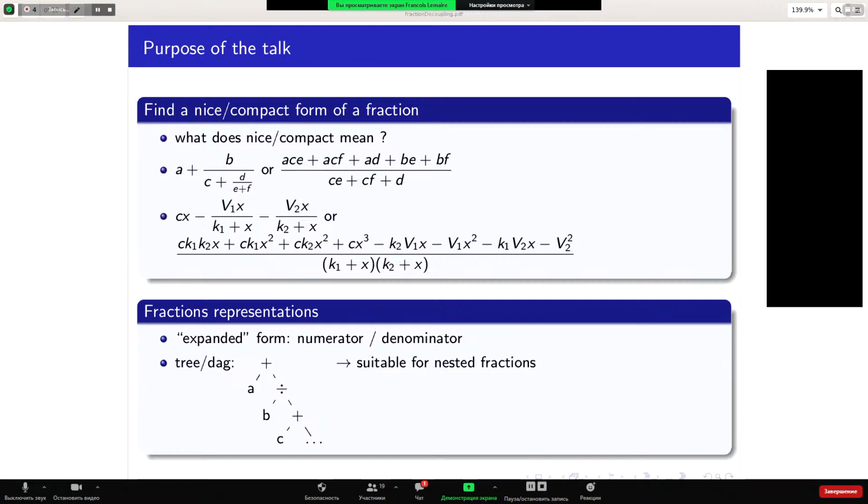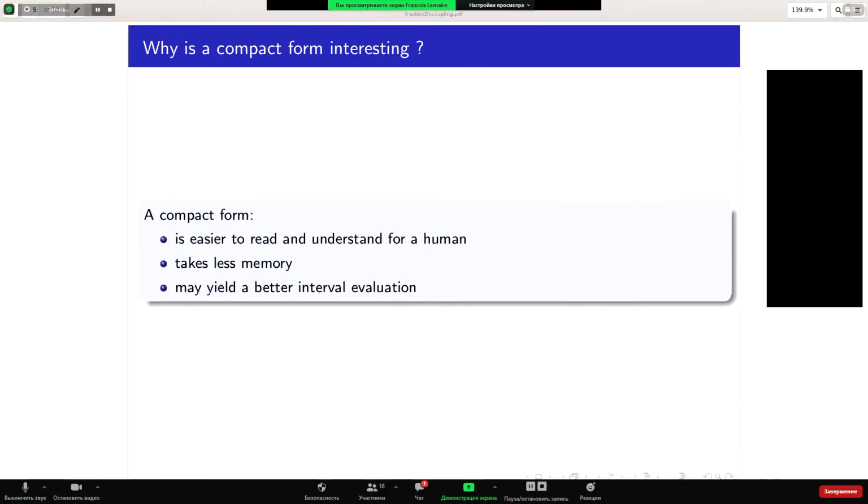And this DAG, in fact, here corresponds to the first example, A plus B over C, and which starts here. It's A plus B divided by, etc. So this tree would be more suitable for representing nested fractions, such as this one. And that's what we will do in the following.